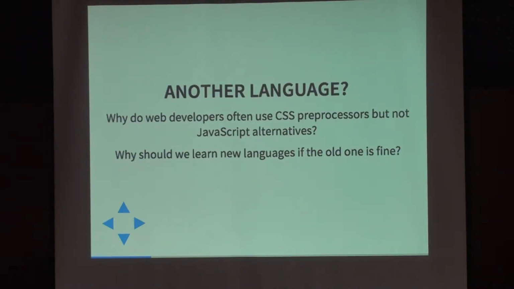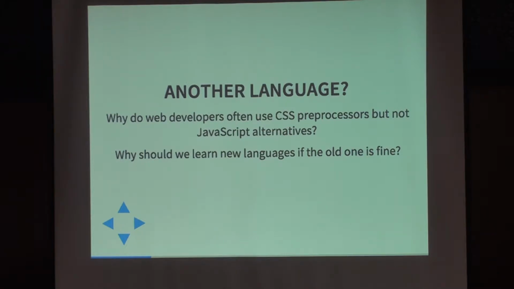And another question: in web development, mainly in front end, a lot of years ago, everybody used CSS preprocessors. I think nobody starts to write front end or CSS without a preprocessor like Sass, Stylus or Less.